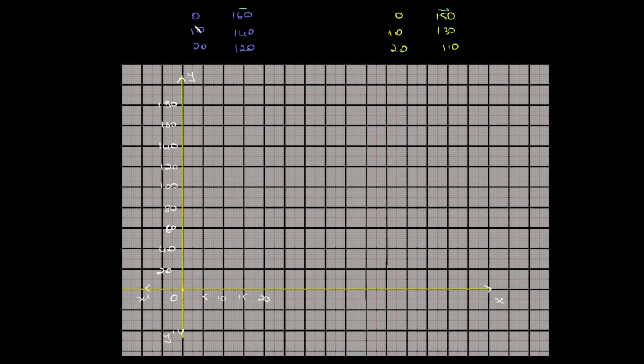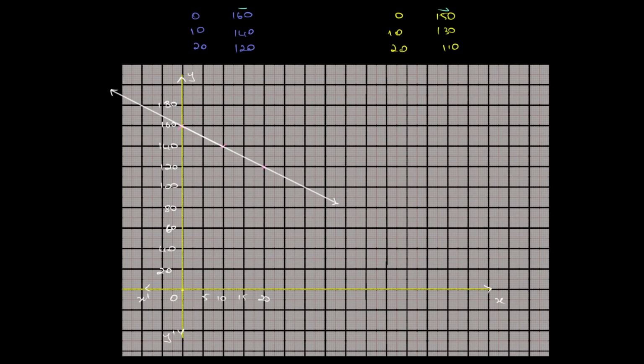So let's plot it. 0 and 160 is over here. 10 and 140 is over here. 20 and 120 is over there. And then we have the line. Again, don't draw it the way I am doing; it's altogether wrong, but I don't have an option.